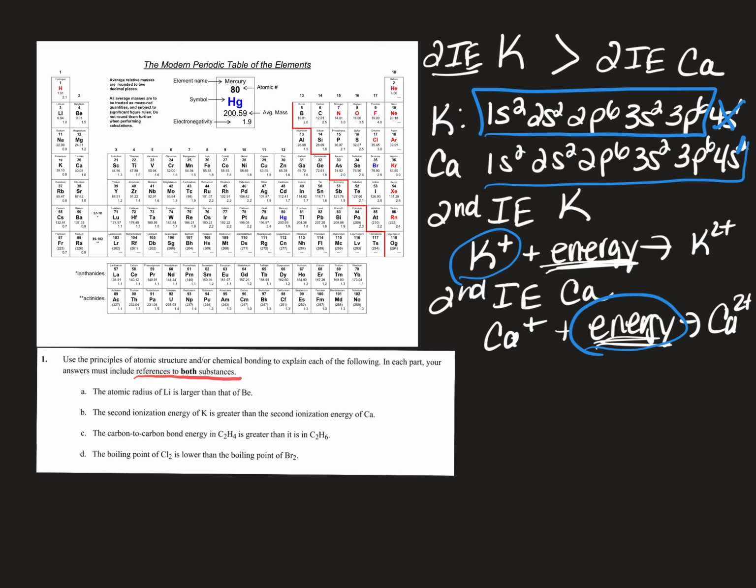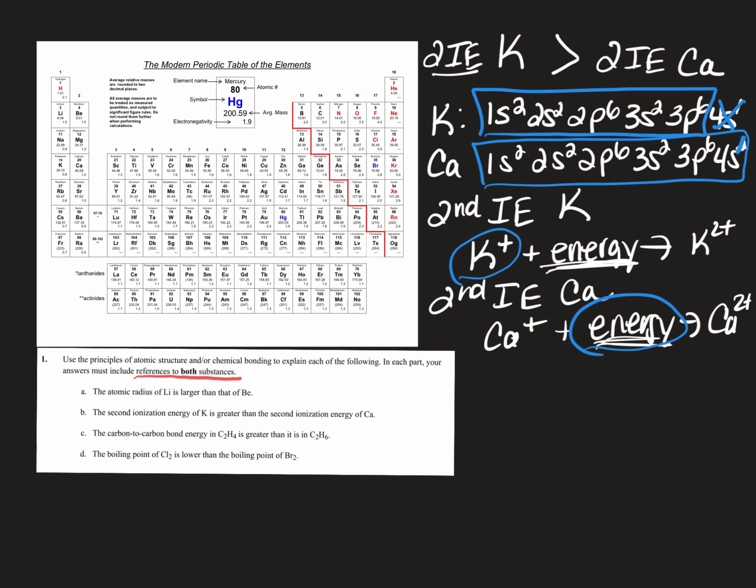So this is going to be taking an electron away from something that's in the fourth energy level, where for potassium, we're taking an electron away from something that is a core electron. So that means that it's going to require more energy to remove that electron from the potassium 1 plus ion than it is to remove it from the calcium 1 plus ion. It's going to take less energy to remove it from the calcium 1 plus ion compared to the potassium 1 plus ion.